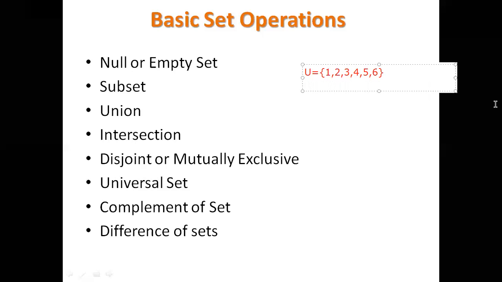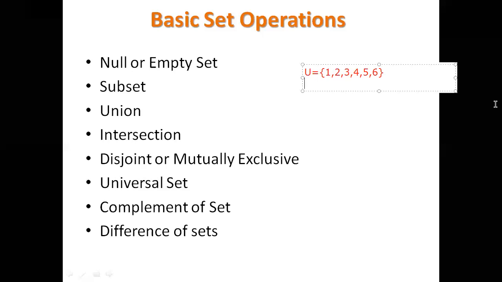If you are doing a rolling dice experiment, then the universal set is 1, 2, 3, 4, 5, 6. If you are doing a coin tossing experiment, then the universal set is head and tail. The universal set is nothing but the sample space. If you take all the outcomes of an experiment, that set is called the universal set.